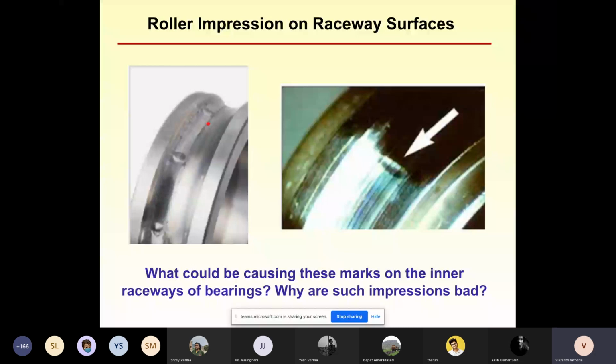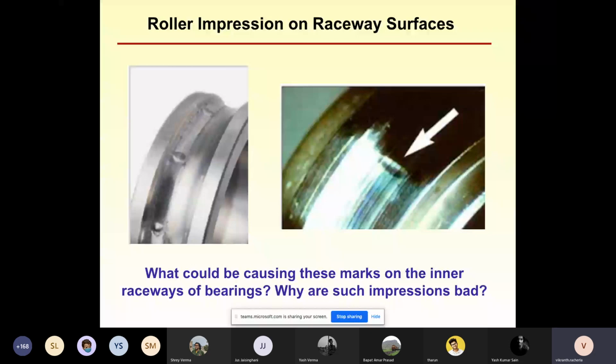Anytime you look at a failure, you always have to look at it from two angles. One is the loading perspective. How is it being loaded? What are the stresses within the system? The second angle is the material perspective. Only when the stresses exceed the material strength is there a failure.